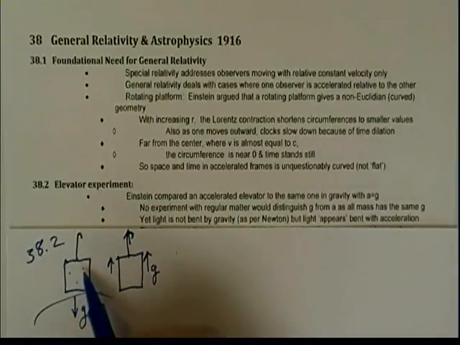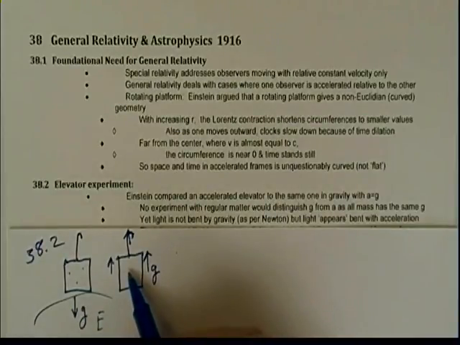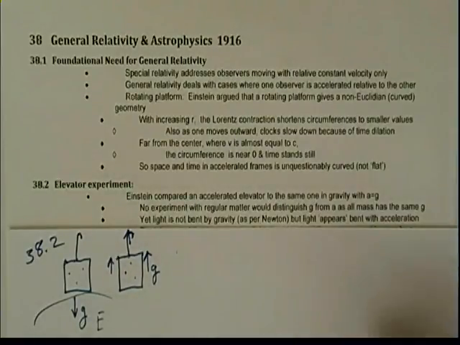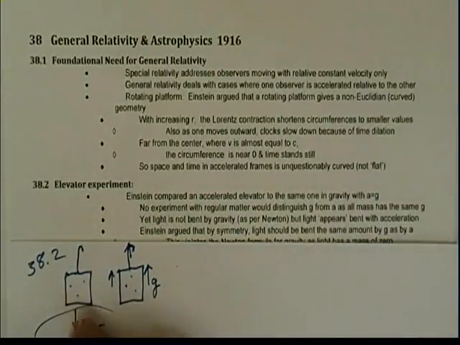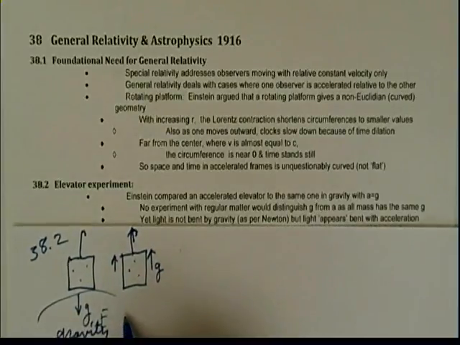Now the key here is the fact that every mass falls toward the bottom of the elevator with the same acceleration. Likewise, if the elevator accelerates up, each of the masses in here seems to accelerate toward the floor at the same rate. Can we distinguish between gravity and acceleration? Gravity over here and just acceleration over here.